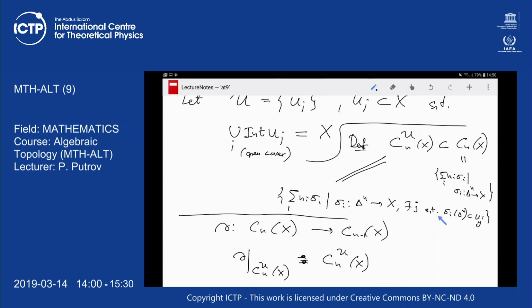But of course this restriction will also satisfy the condition that the image of sigma will be contained in a certain U_j. So this restriction can be understood as a map from C_n^U of X to C_{n-1}^U of X. And we will denote it again by the same letter, the boundary map.